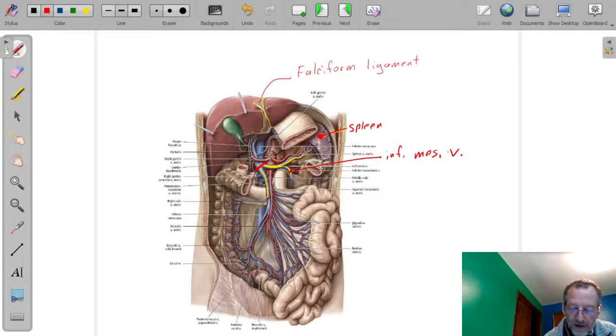Those two merge, and then we are left with the hepatic portal vein. Shows the inferior vena cava. That's probably enough. Okay, so practice the blood flow to and from the liver in the hepatic portal system.